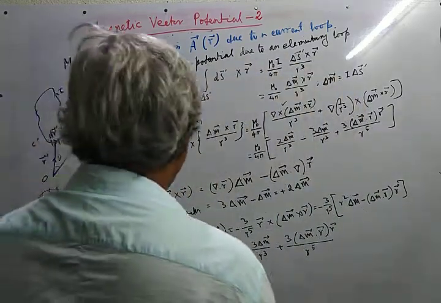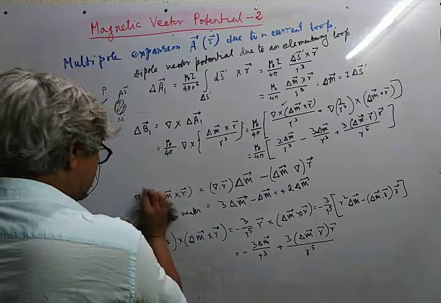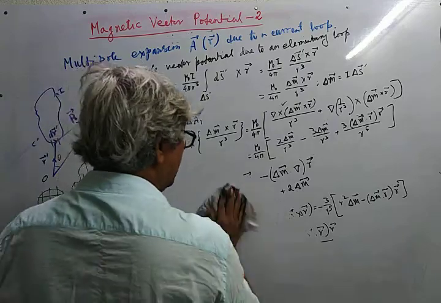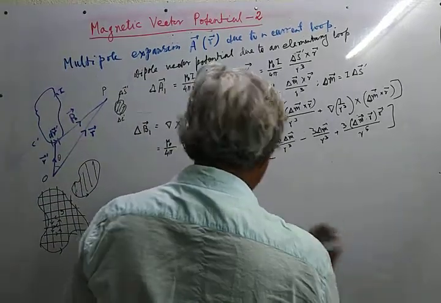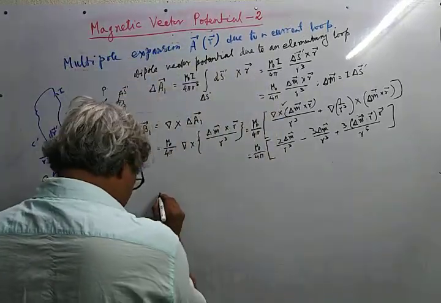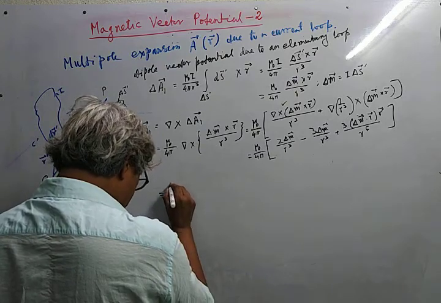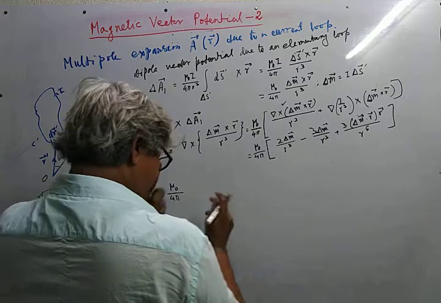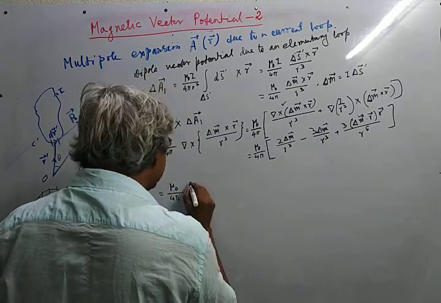So on simplification, this becomes mu 0 upon 4 pi. Note that this term is negative.